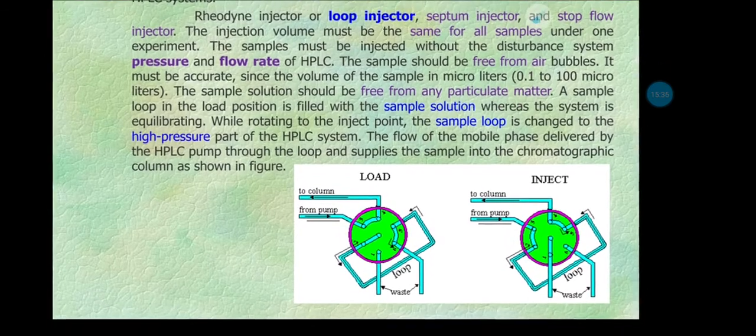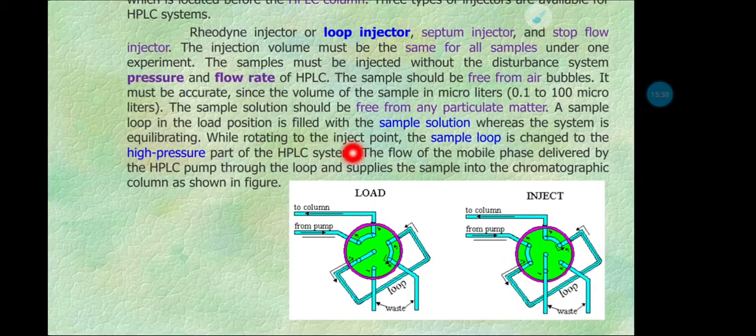While rotating to the inject position, the sample loop is changed to the high pressure part of the HPLC system, or connected to the mobile phase. The flow of mobile phase delivered by the HPLC pump goes through the sample loop, and the sample is carried along with the mobile phase into the chromatographic column as shown in the figure.